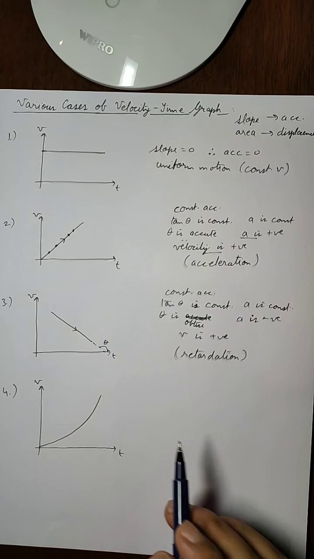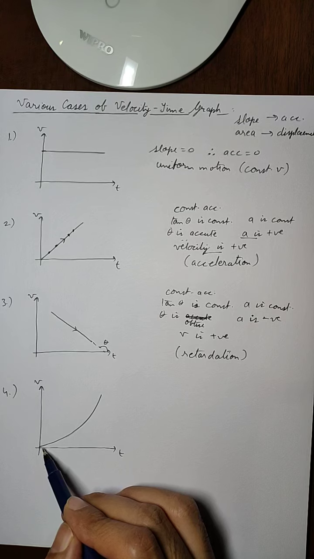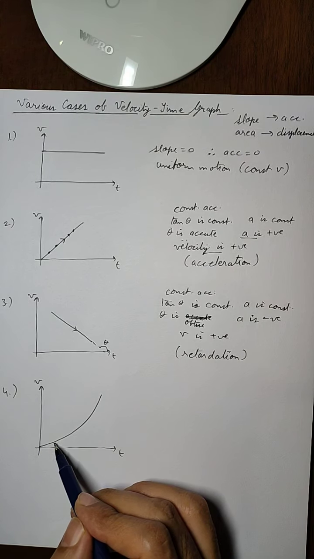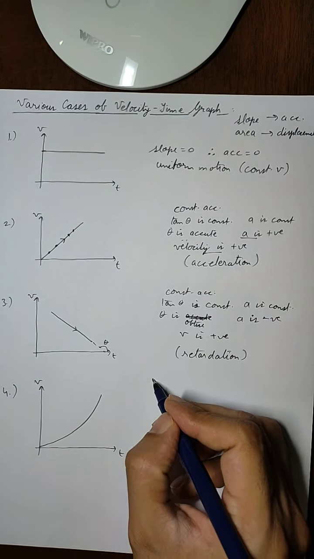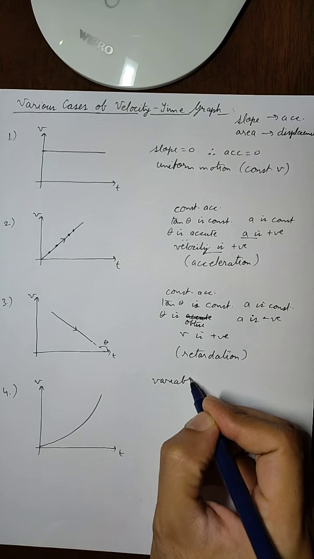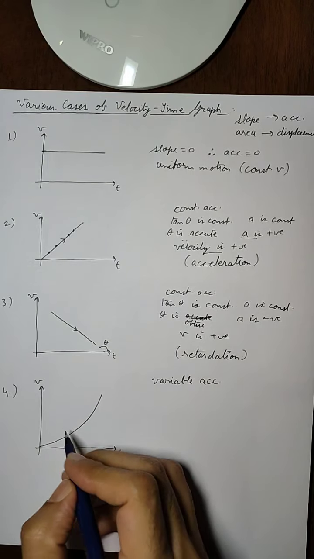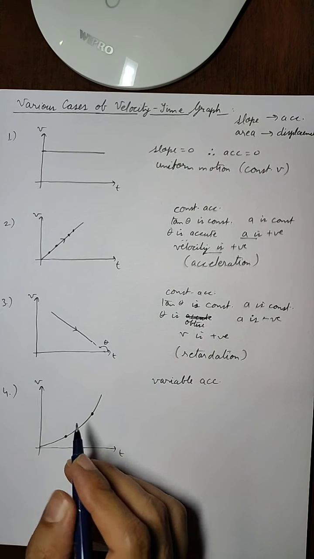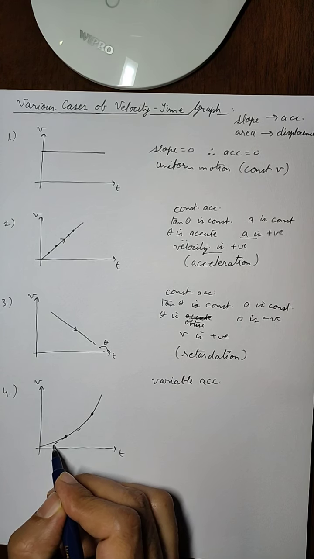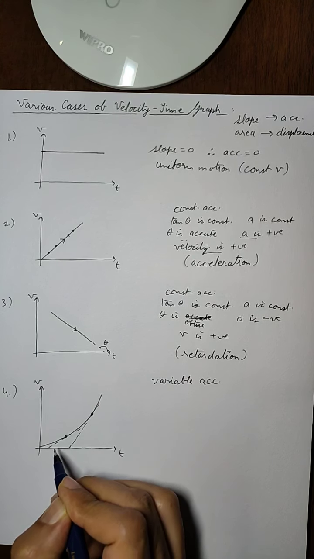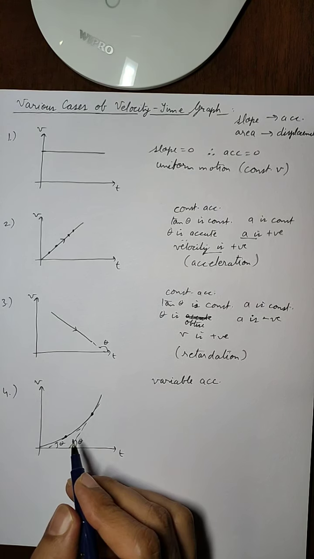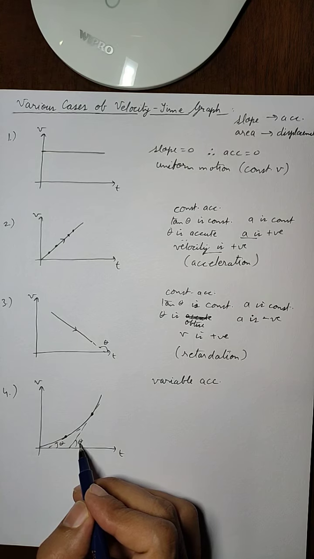Now for this kind of graph, as we can see, the velocity is increasing but it is not increasing in a uniform manner. So that means this is a case of variable acceleration. Now here if we make slopes at these 2 points, then we can see that theta is increasing, although in both cases theta is acute.